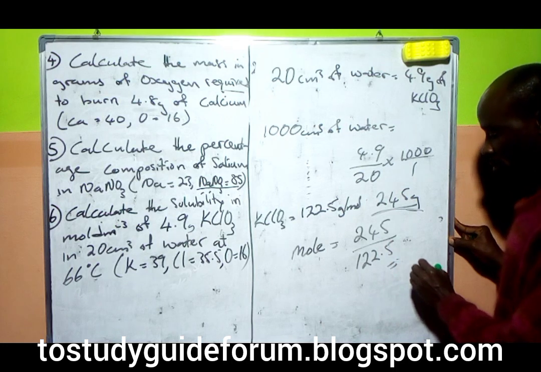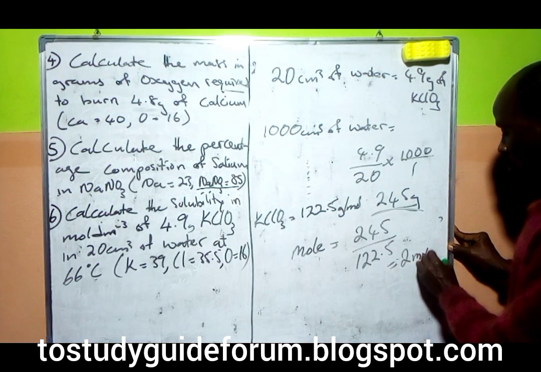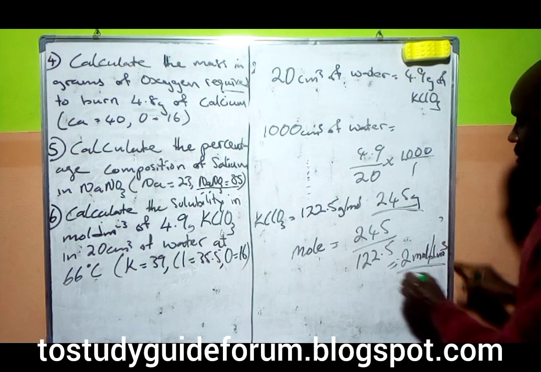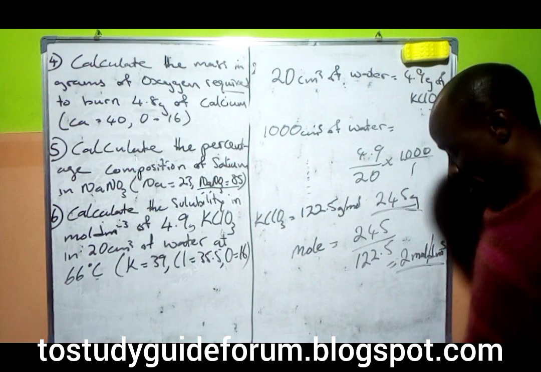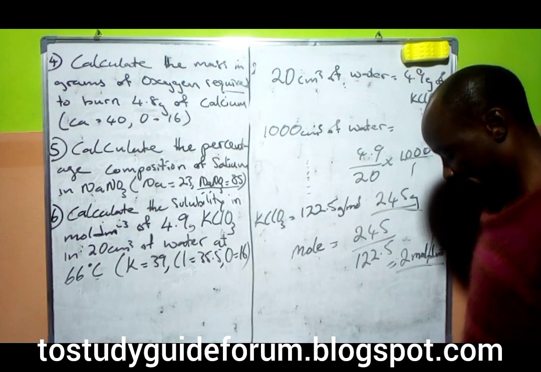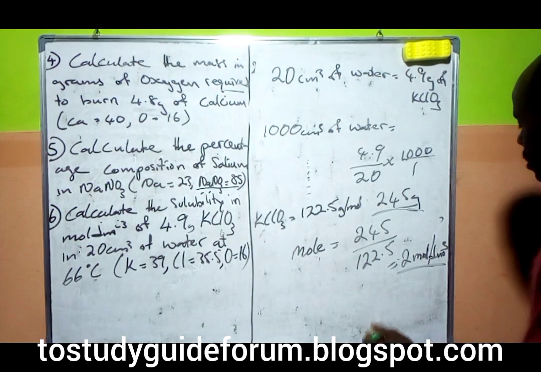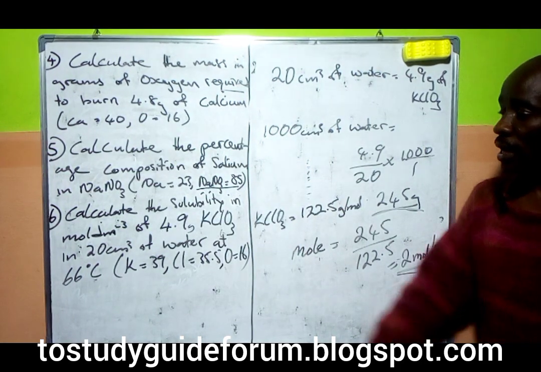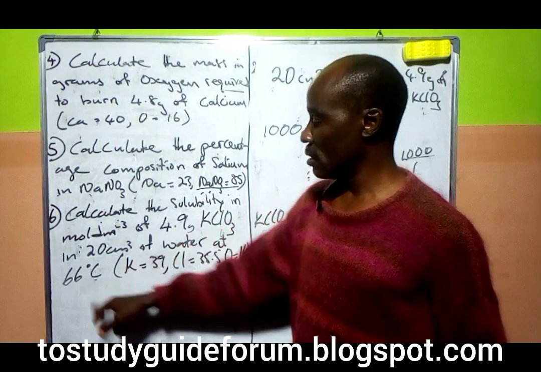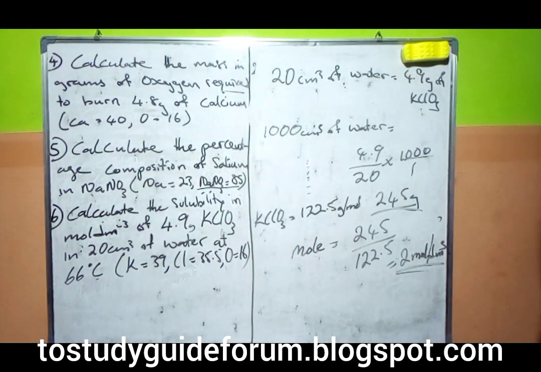That will give us about 2 mole per dm cube. Let's see, divide by 122.5. Yes, it's 2 mole per dm cube. That's the solubility of potassium trioxochlorate(V) at 66 degrees Celsius: 2 mole per dm cube.